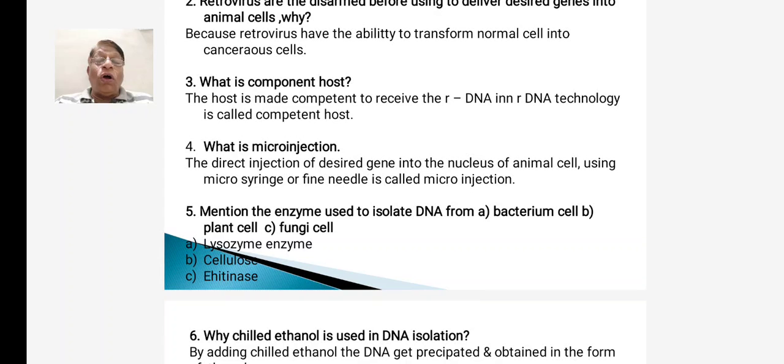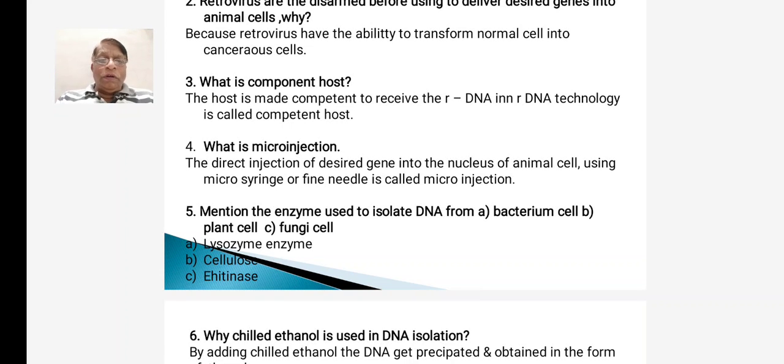It dissolves the bacterial cell wall or cell membrane. Then in the plants, the enzyme cellulase is used to isolate the DNA. Cellulase digests the cell wall of plant cell.